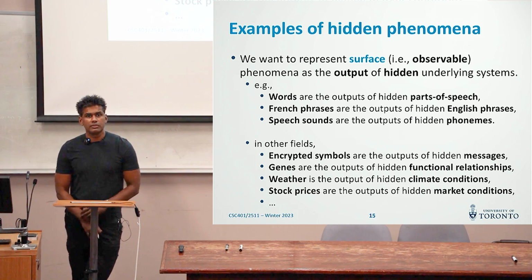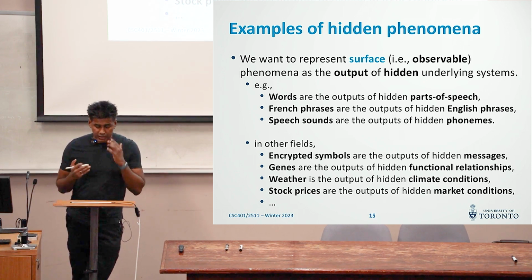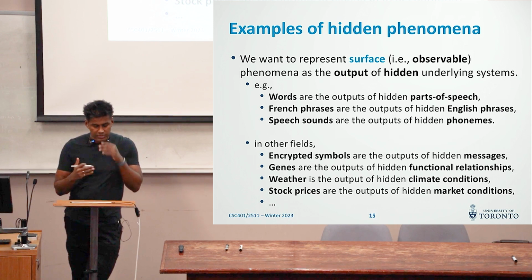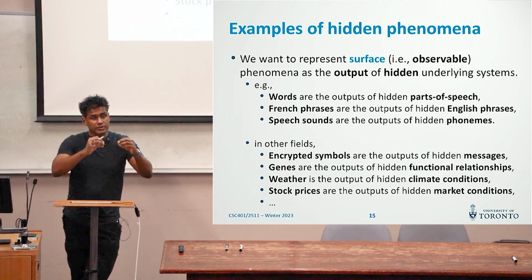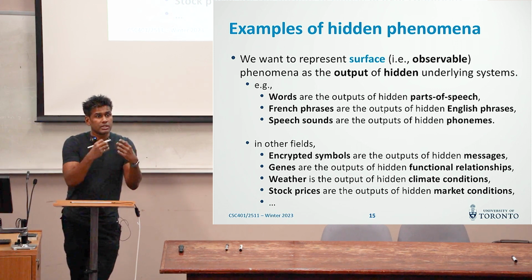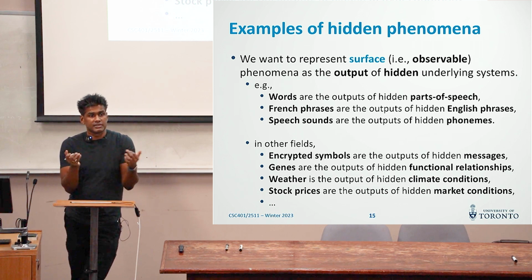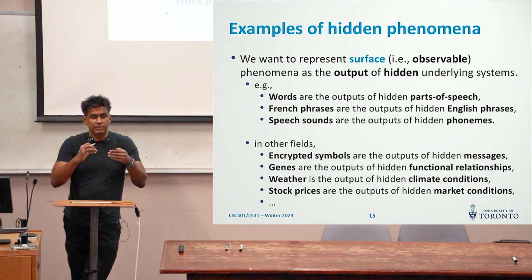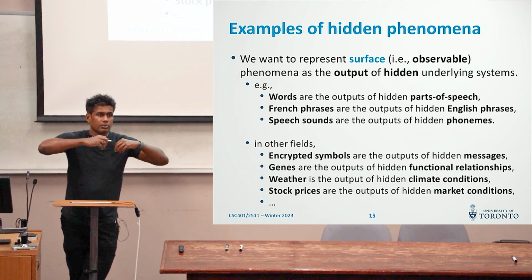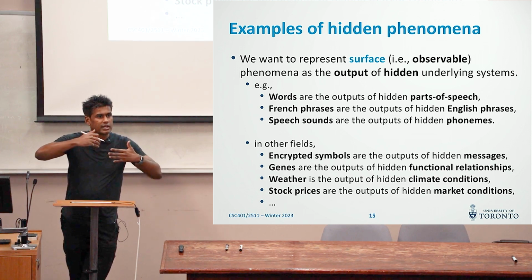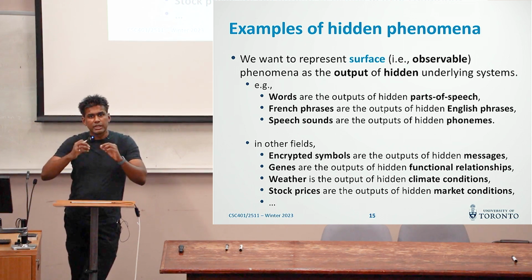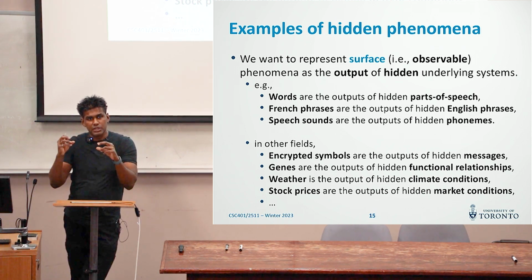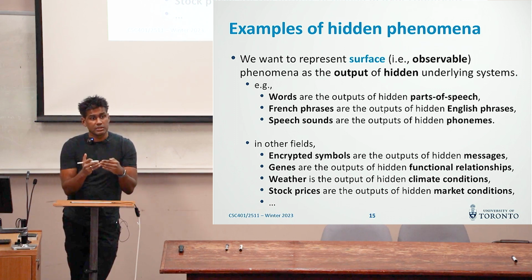So we see these examples, and you can ask where this problem surfaces in many different domains. Some concrete examples: in natural language processing, you observe sequences of words. But what generates these words could be treated as an HMM problem, in the sense that we know about parts of speech. We know how we can do dependency parsing on our words, noun, subject, verb agreement, and things like that. So we can say that there are underlying parts of speech that generate the words that we see.